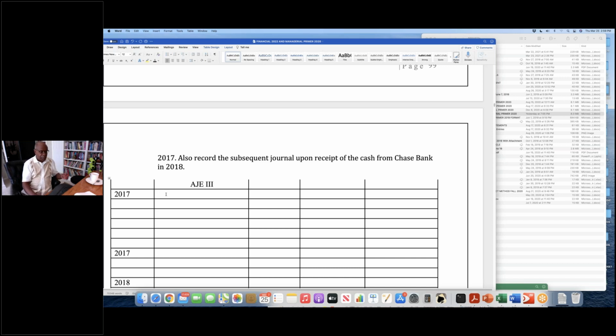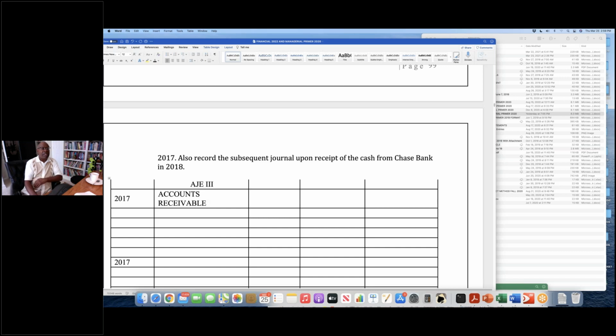What are you going to debit? Accounts receivable, 2,000. Then it will be sales that's credited, 2,000. So that's the adjusting entry. So it's a type 15, but you've already been doing it. So that's an AJE type 3.